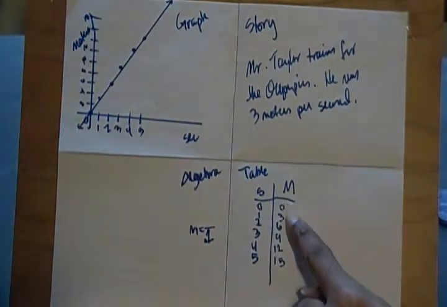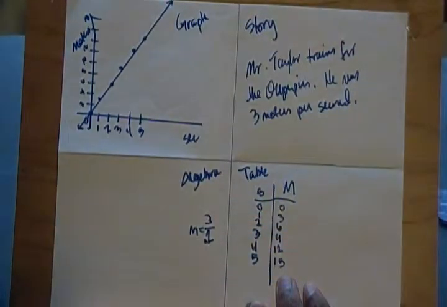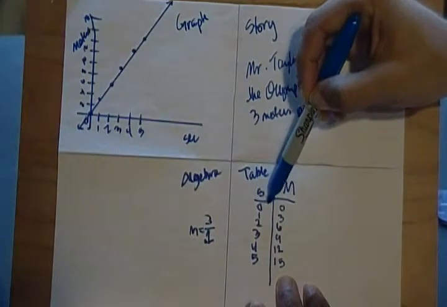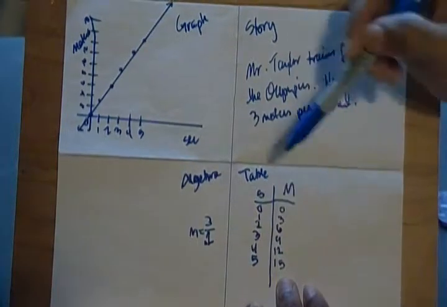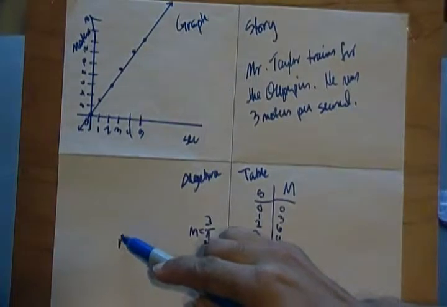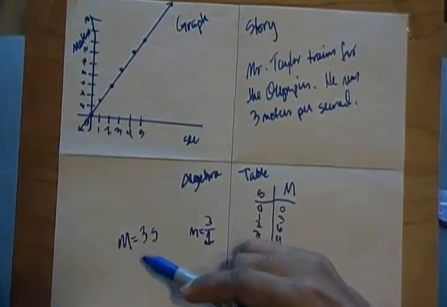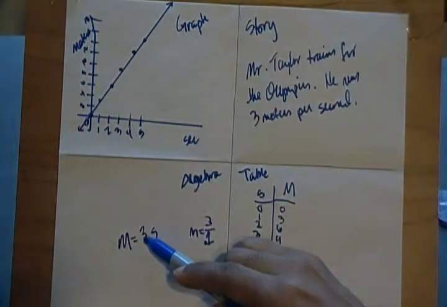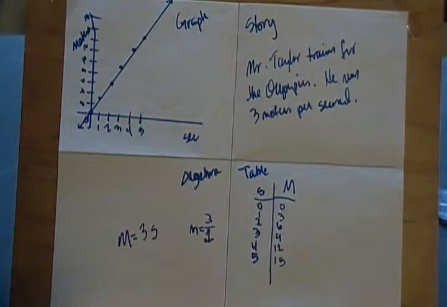The change in m, which is our y value, is 3. 3 over 1 is 3. The y-intercept is 0 because our x is 0. And wherever the x is 0, that's our y-intercept. So our equation is m equals 3s. 3 meters per second for every second gives you how many meters the person ran.